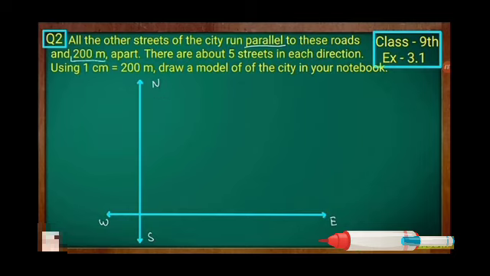You have to draw it in your notebooks, and we will represent these roads by single lines. Here 5 streets in each direction and 1 centimeter is equal to 200 meters, which is given to us.